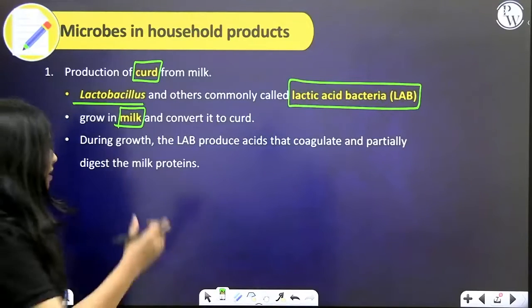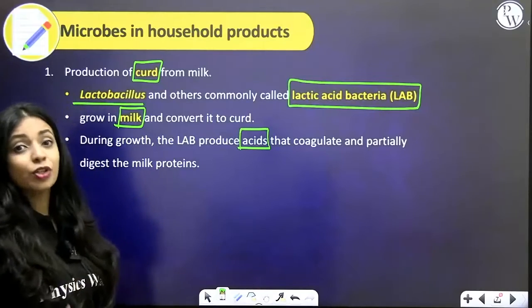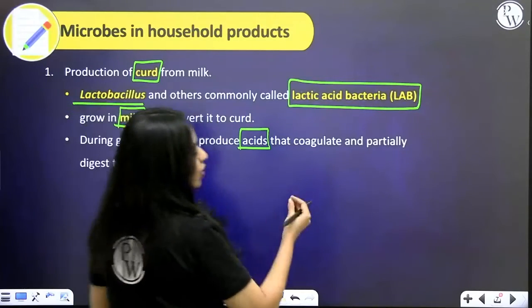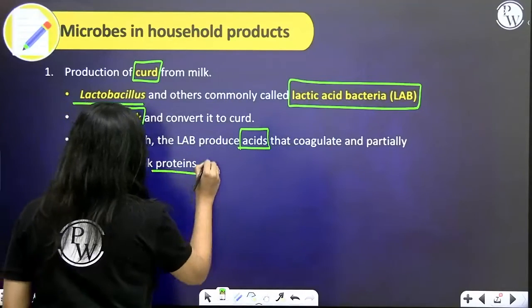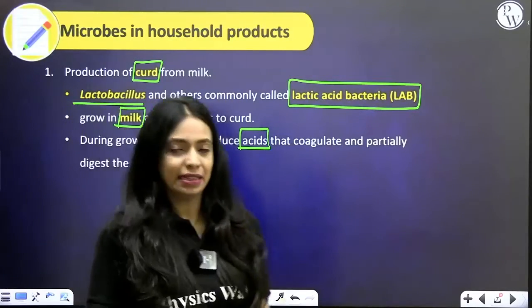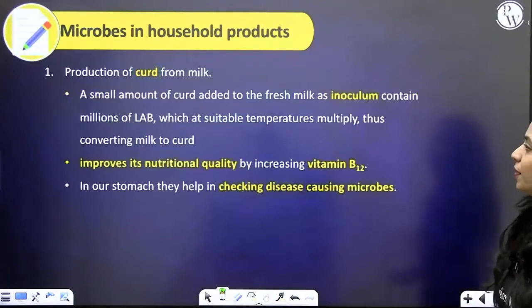The reason is that they produce acids, and these acids are able to coagulate, which is basically curdling, and partially digest the proteins that are present in the milk. As a result, milk gets converted into curd.